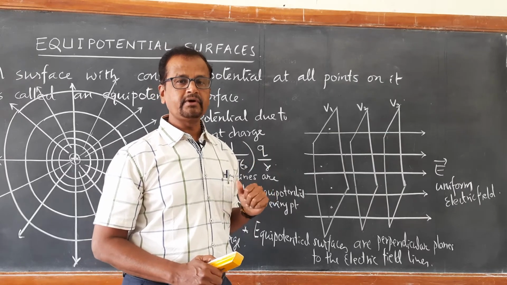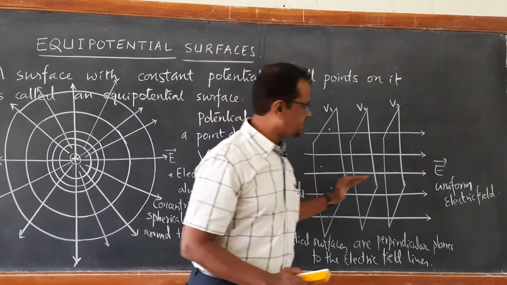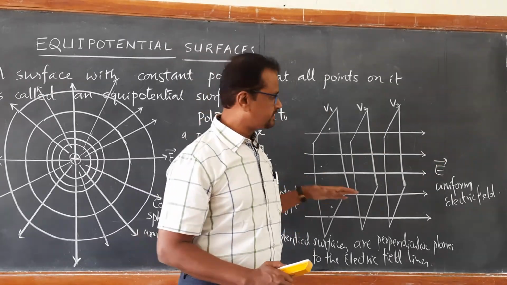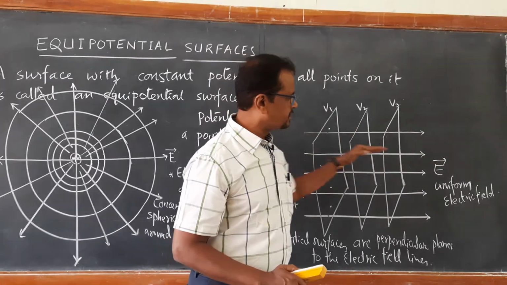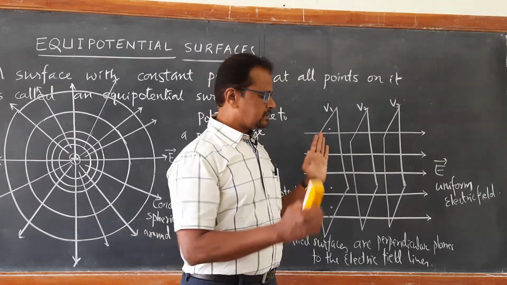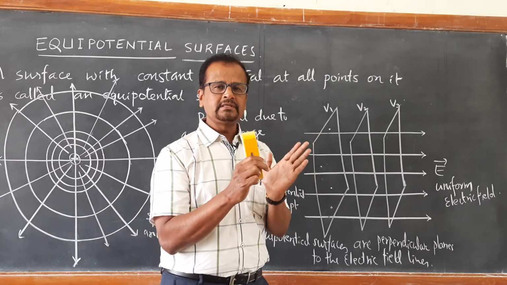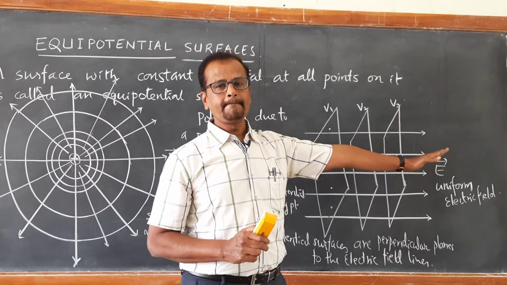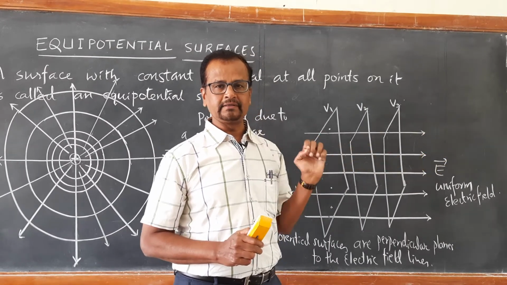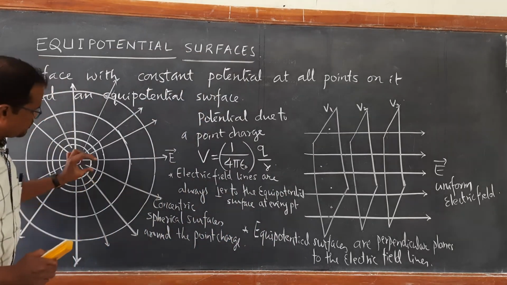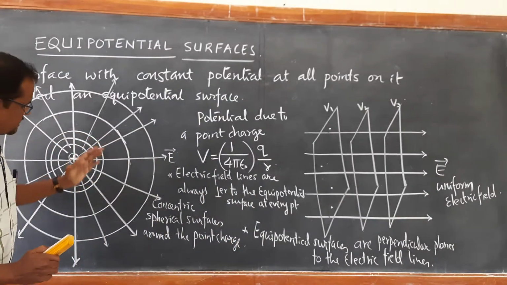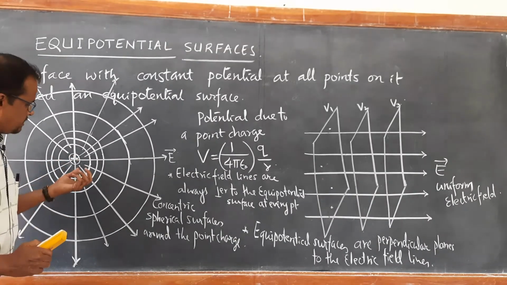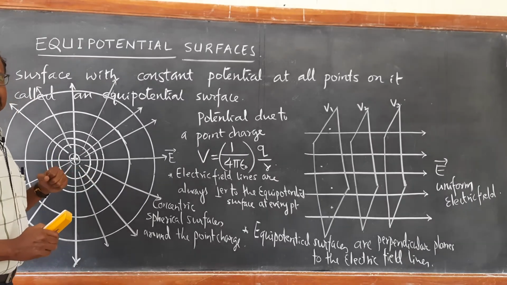Suppose the electric field is not uniform, but is acting in the same direction and increasing in one direction, then the distance between the equipotential surfaces decreases as you approach the stronger and stronger region of electric field, where the potential values are increasing.